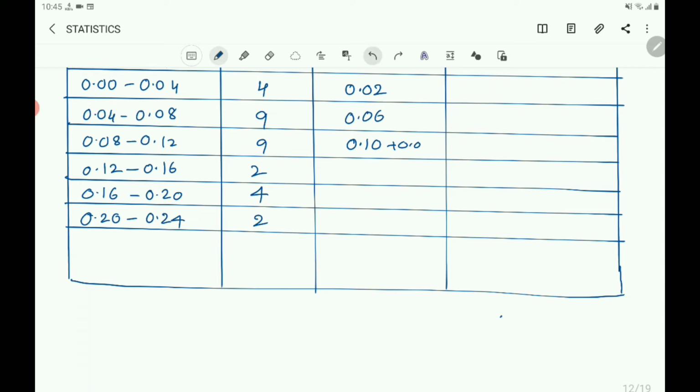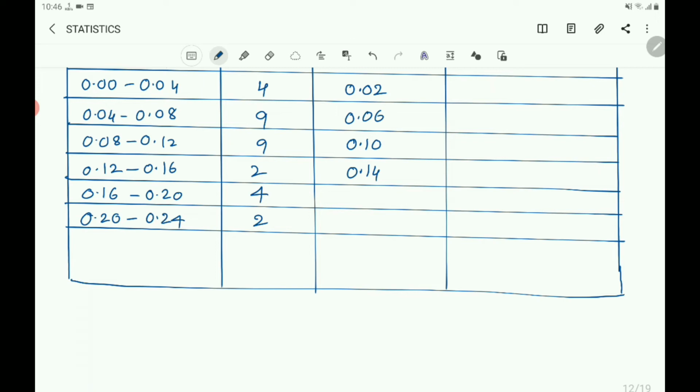Next again you can add 0.04 to it to get the next one. So here same you will get 0.14 for the class mark of the next class, 0.12 to 0.16, or otherwise you take 0.16 plus 0.12 divided by 2, that is 0.28 by 2, that gives 0.14.